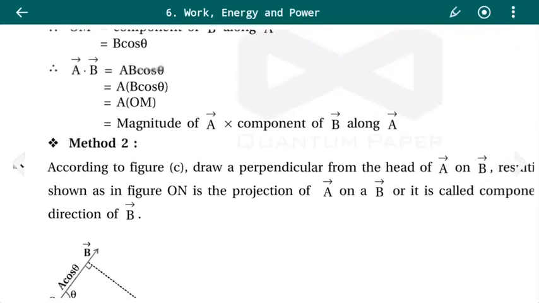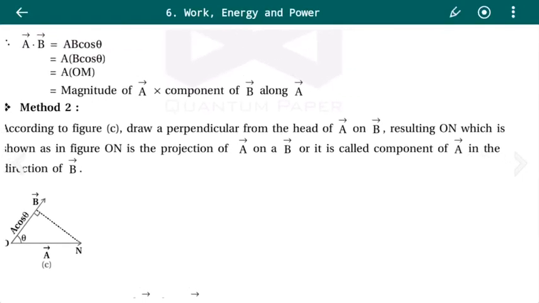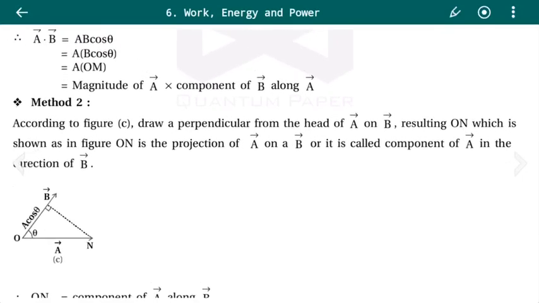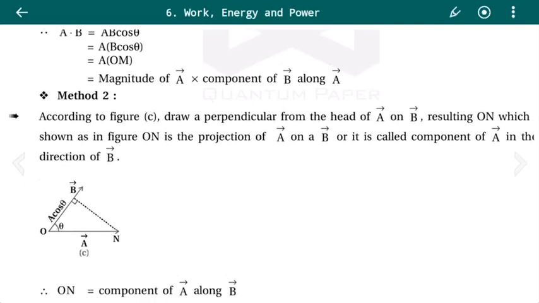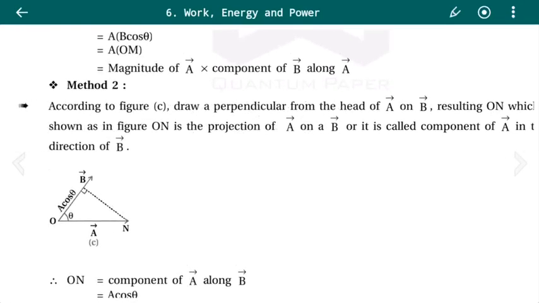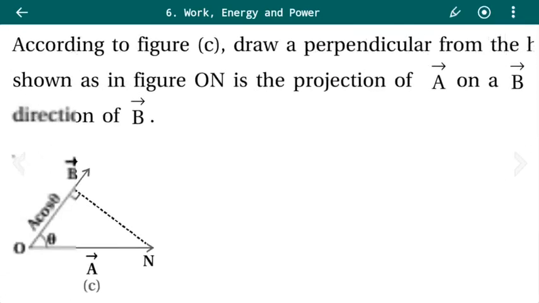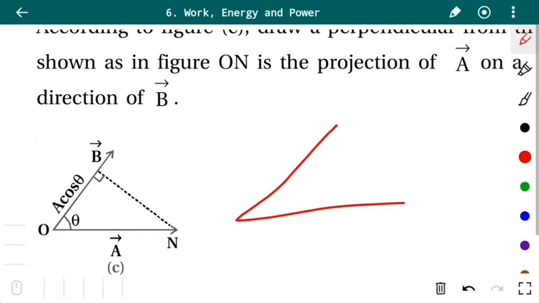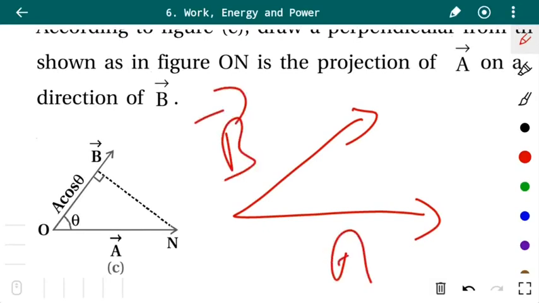Now let us see method 2. According to figure C, draw a perpendicular from the head of A on B, resulting in ON, which is shown in the figure. ON is the projection of A on B, or it is called the component of A in the direction of B. In the previous figure, we had already seen that we have vector A and vector B. Here we have vector B, here we have vector A, and here it makes angle theta.